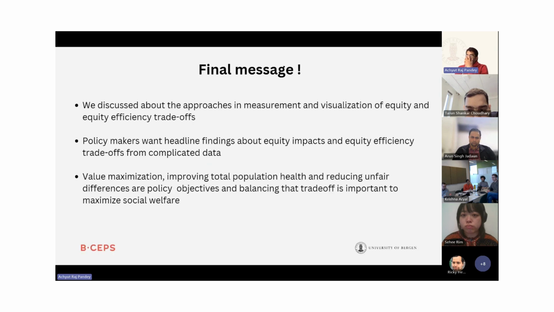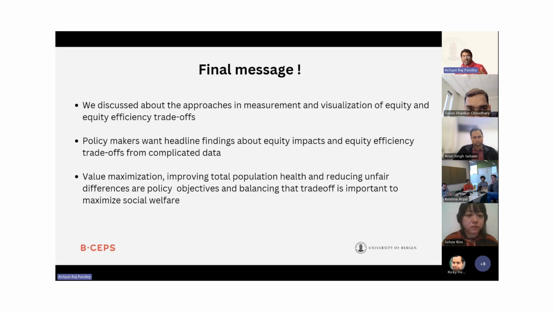And this is the final slide I have. So in the presentation today, we discussed the approaches in measurement and visualization of equity and the equity efficiency trade-offs. And what I felt is that policymakers would want headline findings about equity and the equity efficiency trade-off, and they would be less interested in the complicated data.